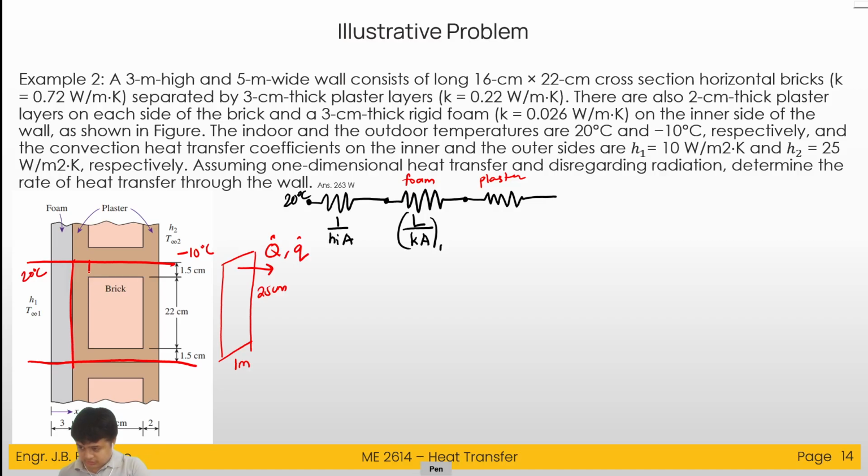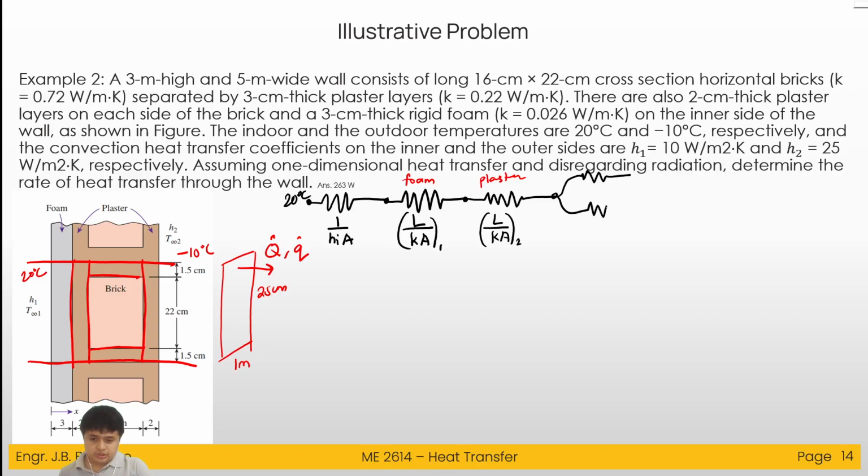So for another thermal resistance layer, you have L over KA 2. And then for this layer, as you can see, you have a parallel layer here. You have a layer of plaster, brick, plaster. So as we can see here, we can treat this as a parallel circuit. You have 3 here connecting this node.